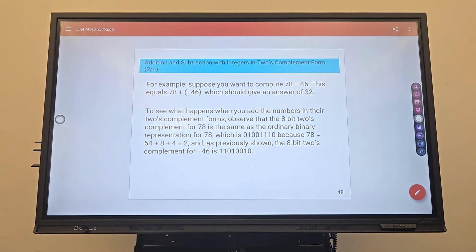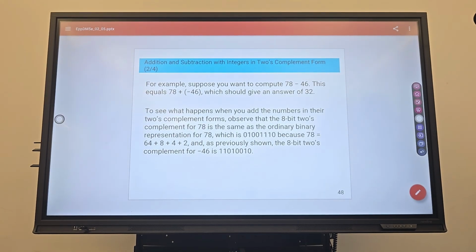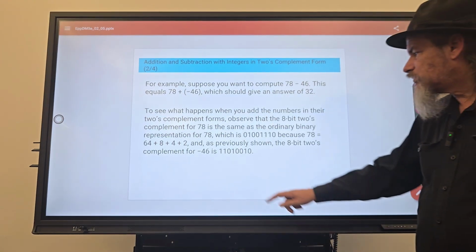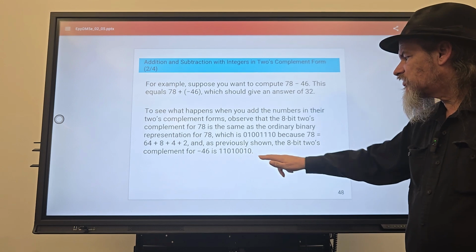To see what happens when you add the numbers in their 2's complement forms, observe that the 8-bit 2's complement for 78 is the same as the ordinary representation. The 2's complement for negative 46 has previously been shown to be this.